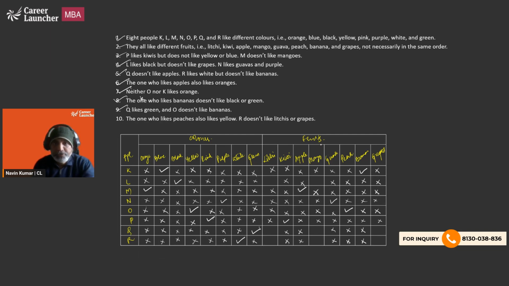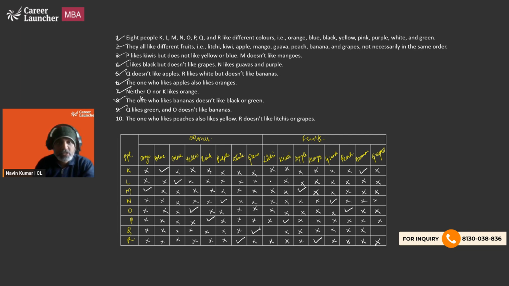Now, if you look at fruits, there are still a lot of places that are vacant, right? Okay, R doesn't like lychees or grapes. So this forces R to like mangoes, and the moment he likes mangoes, this part is complete.